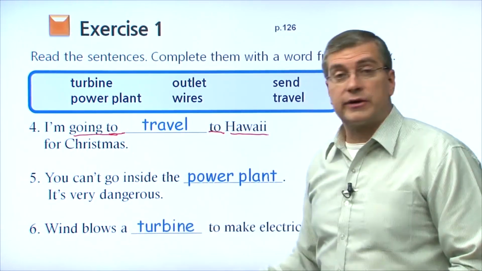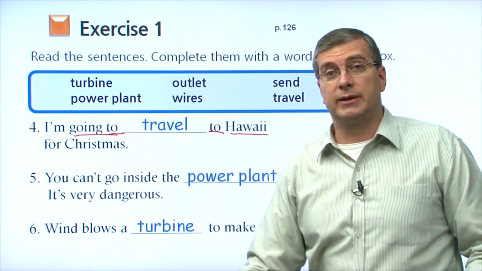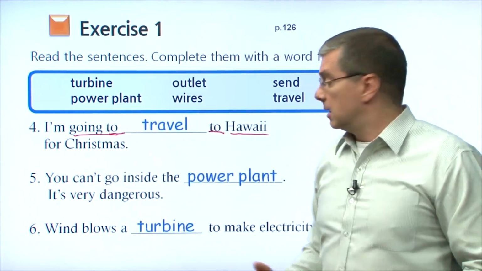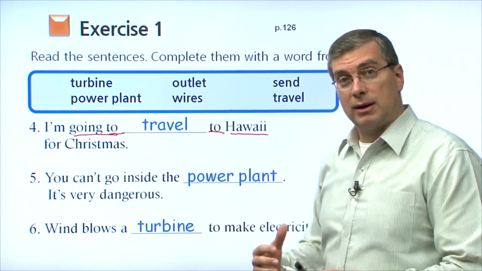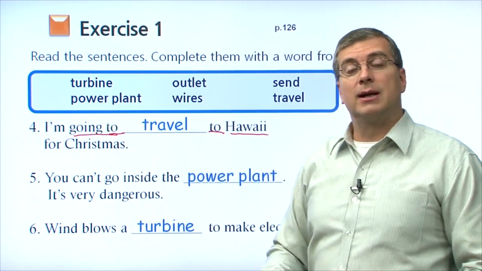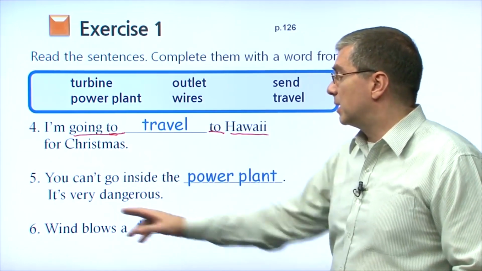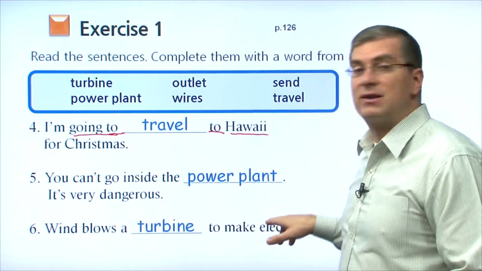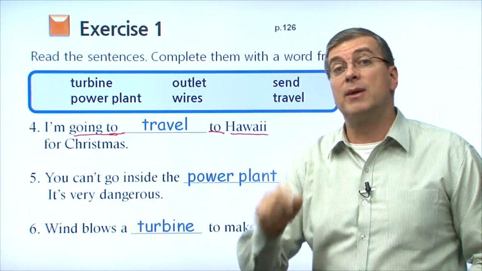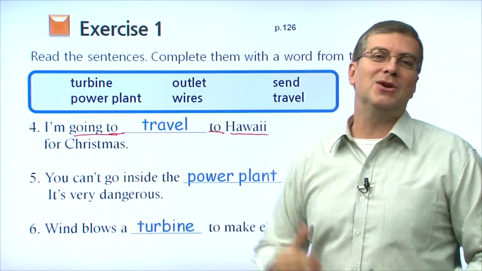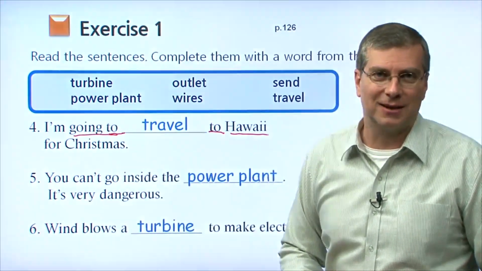And this is, of course, one of the many ways that we get electricity, right? From wind power, from solar power, right? Solar panel, or other ways. But this is wind blows a turbine to make electricity. It's one of the many ways that we can use to get electricity.